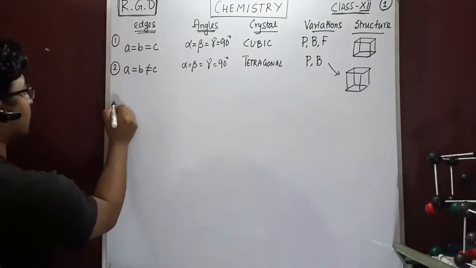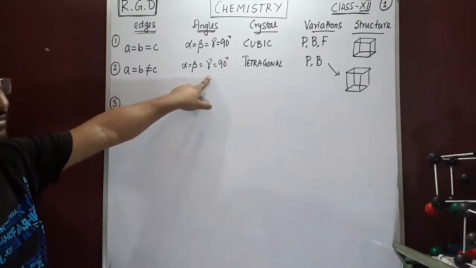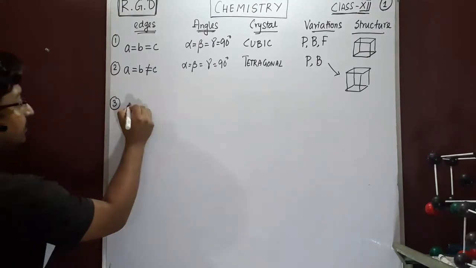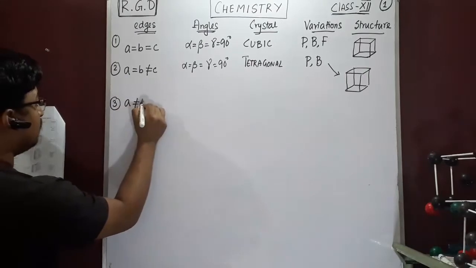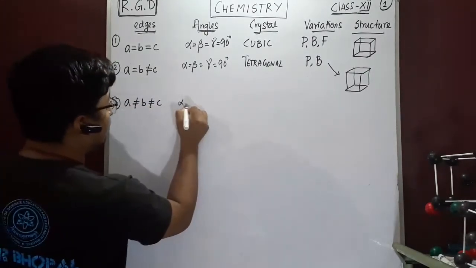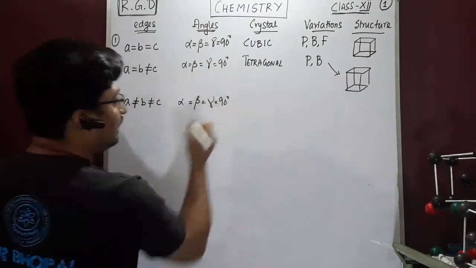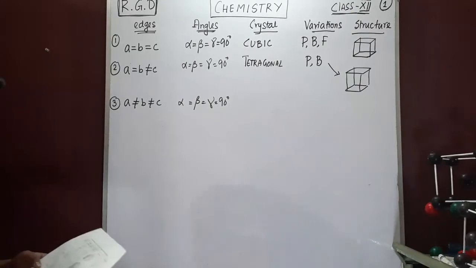Okay. Next. Number three. Again, alpha is equal to beta is equal to gamma. But what I will take? A not equal to B, not equal to C, right? But alpha is equal to beta is equal to gamma is equal to 90 degrees. What is this kind of system?